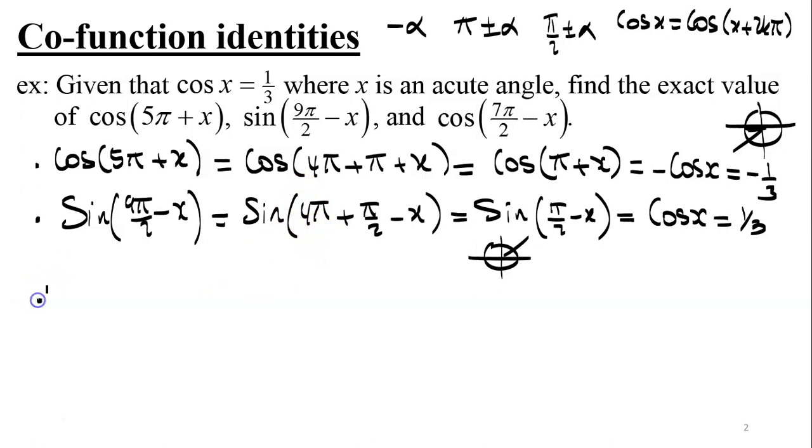Now moving to the last one, I have cosine of 7 pi over 2 minus x. Now looking at this angle here, it is in terms of pi over 2, so I might be using the co-function identities. However, I do have a 7 times pi over 2 and not exactly a pi over 2, so I need to bring that back into pi over 2.